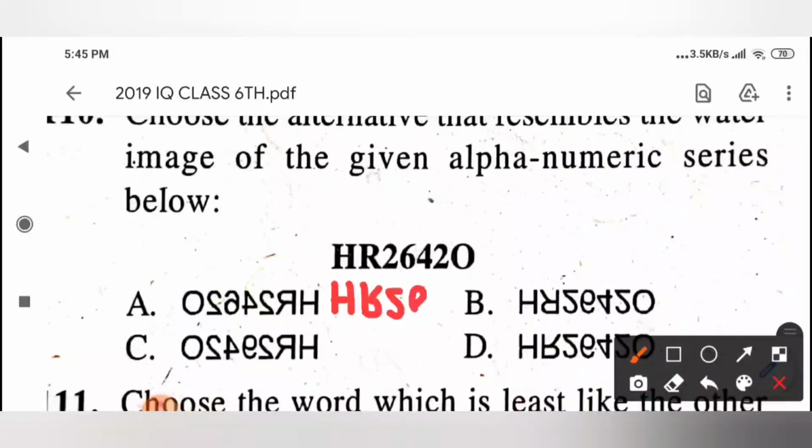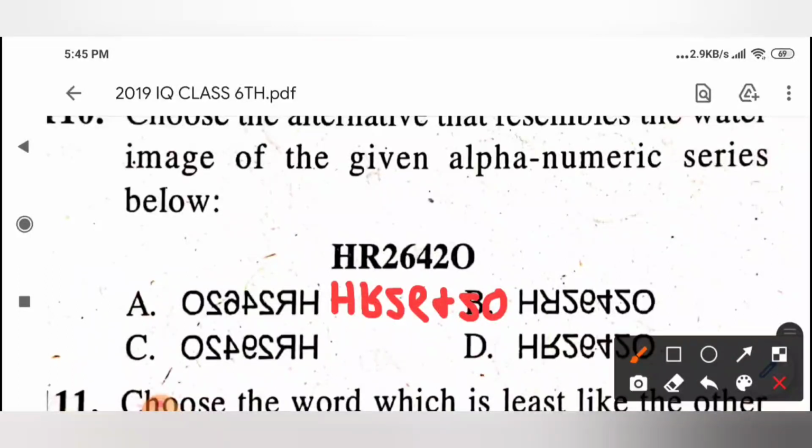6, I somehow managed to write 6 upside down, and 4, again 2, 0, I managed to write somehow. So the upside down, this is water image of the given alphanumeric series.